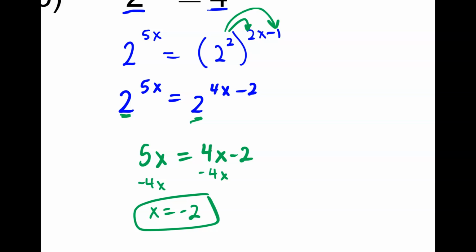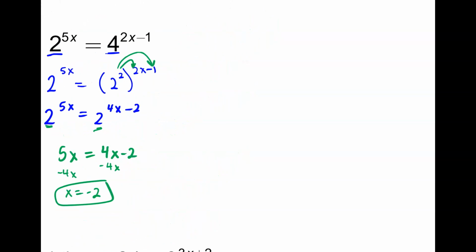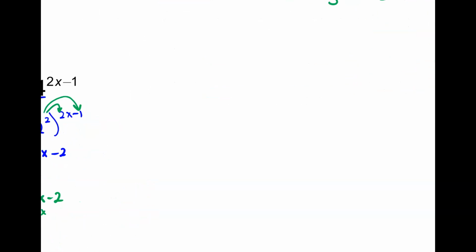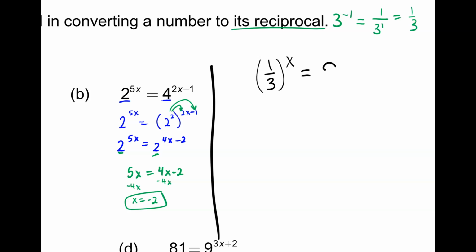All right. Let's see. I'm going to add an extra problem about right here, just so we can get a little more practice. All right, so let's use the reciprocal idea. Let's have it be 1/3 to the x power is equal to 9 to the 2x.